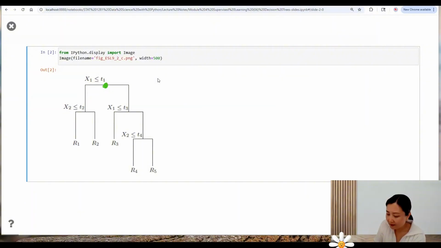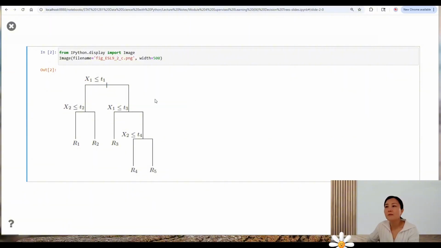And then here, the tree chose x2 to do the split, and the corresponding threshold is t2. If it is less than or equal to t2, go to this region, otherwise go to that region. On the right branch, similar things will happen, but it may choose to use different variables. So this is in general how a decision tree looks.